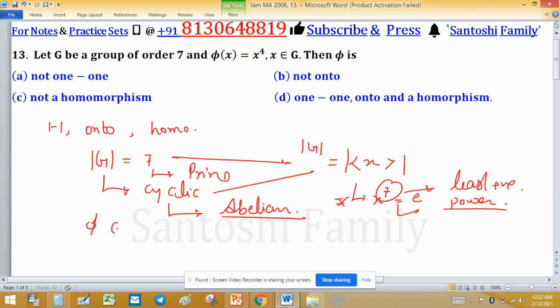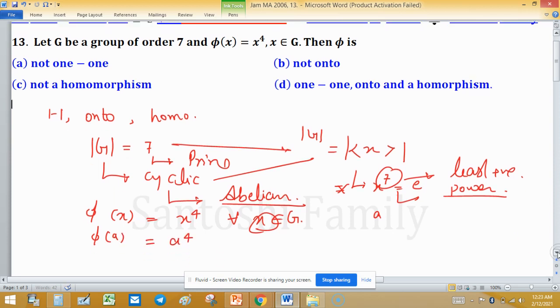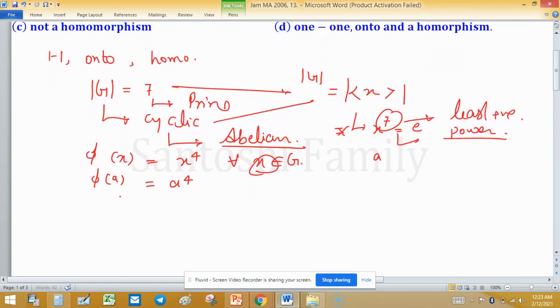The rule for phi is x raised to the power 4 for all x coming from G. Here x is a group element, and we can rename the generator as a to avoid confusion. So phi of a will be a raised to the power 4.